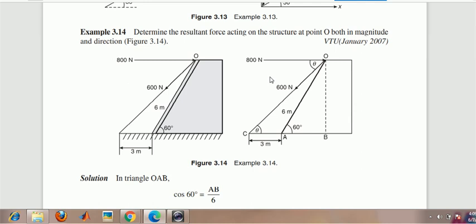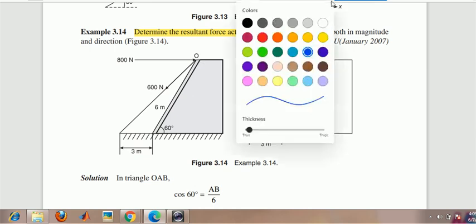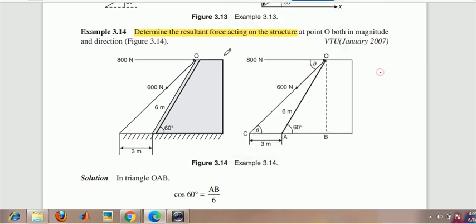So what is the aim of the problem? Determine the resultant of a force acting on a structure. So this is any one of the structures. You need to determine what is the resultant force which is acting on this structure at point O. So where is the point O? You can observe in the figure, the point O is here.